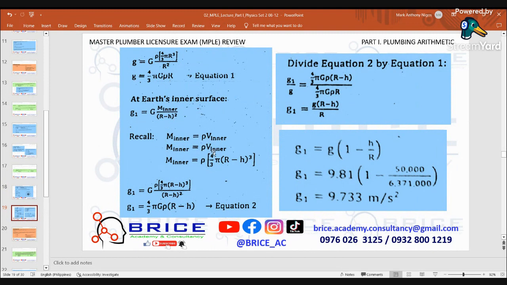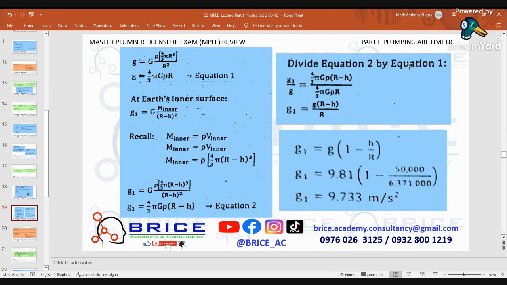Recall again, M inner is mass, which is equal to density times volume. This comes from density equal to mass over volume. This is equation 2, g1 is equal to 4/3 pi G rho times the quantity R minus h.